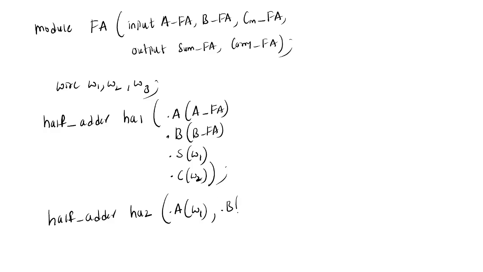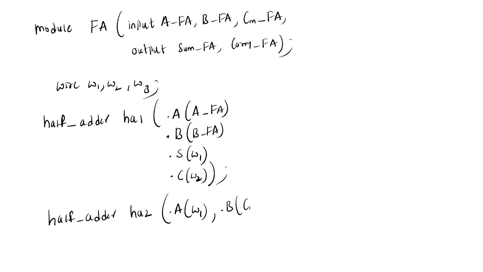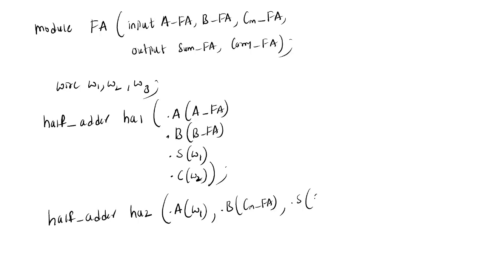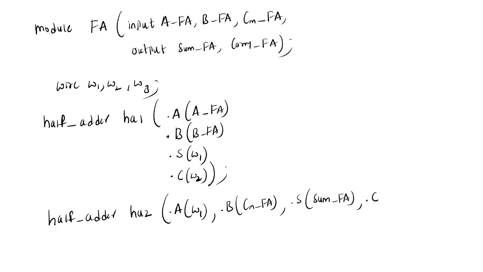Dot B is the design input, Cin_FA, and dot S is sum_FA, and dot C of W3.